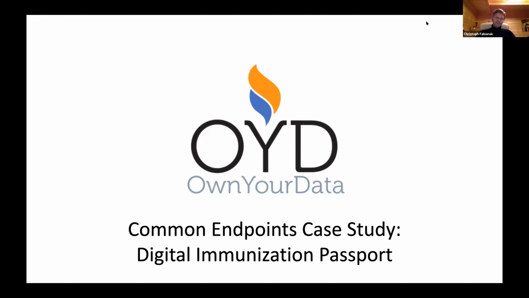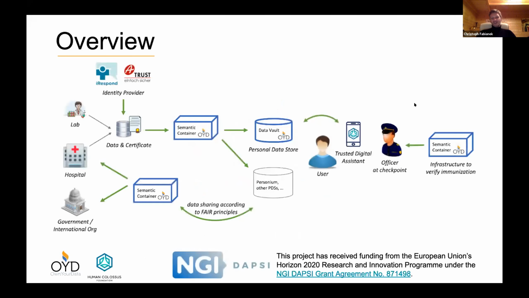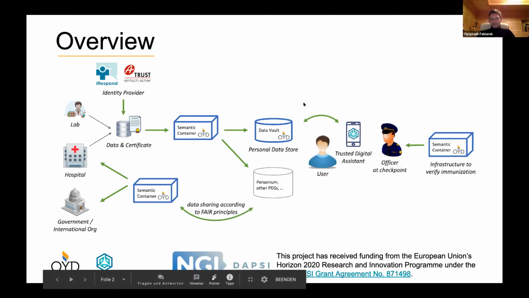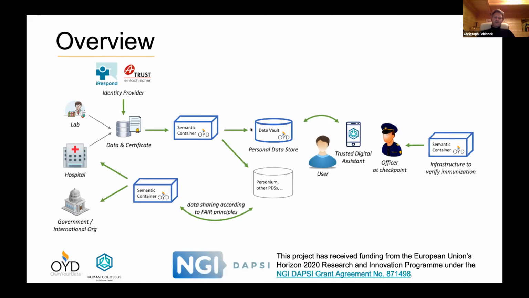What we did is create a digital immunization passport together with the people from Human Colossus. What I want to quickly do in this presentation, it's just two slides, is explain what we did in this project, or are still doing, and what we learned. The goal in this project was to really do human-centric personal data management.